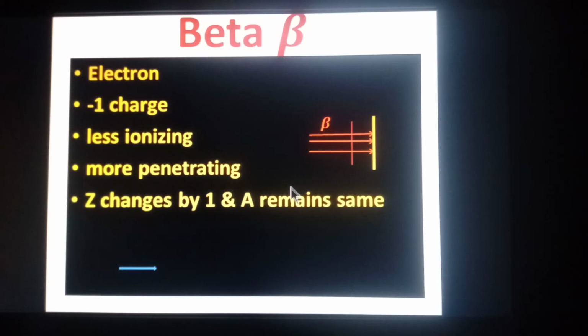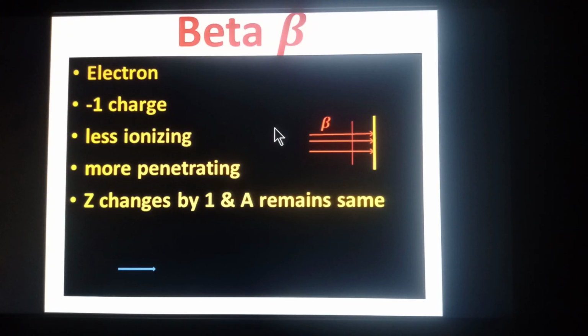When a nucleus emits a beta particle, its charge number increases by 1 or decreases by 1. There are two possibilities. However, at this school level, we will only discuss that its charge number increases by 1 and its mass number remains the same.